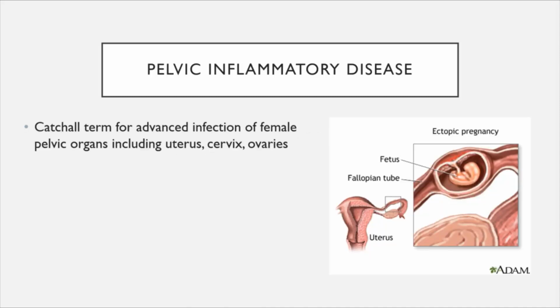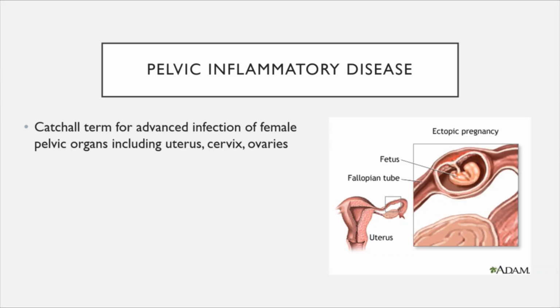So now that we've talked about these diseases, it's time to elaborate a little bit on pelvic inflammatory disease. Pelvic inflammatory disease is a catch-all term for an advanced infection of the female pelvic organs, meaning the uterus, cervix, and ovaries.